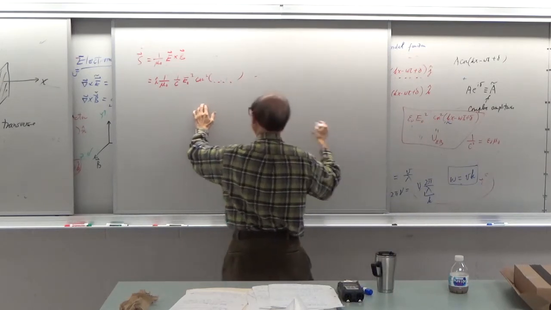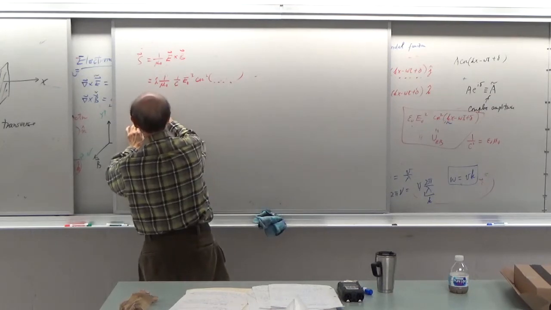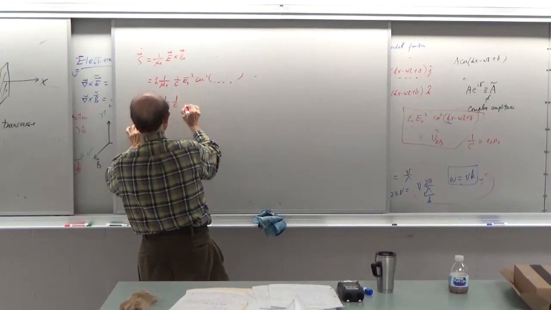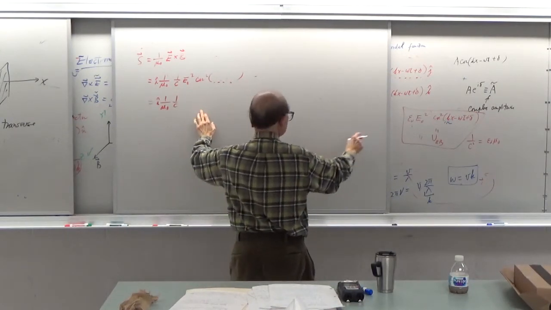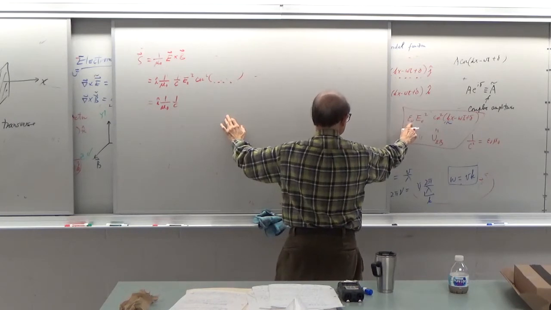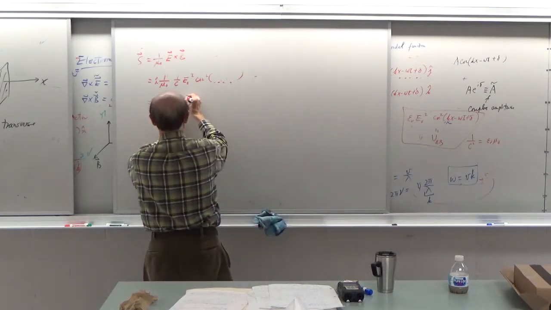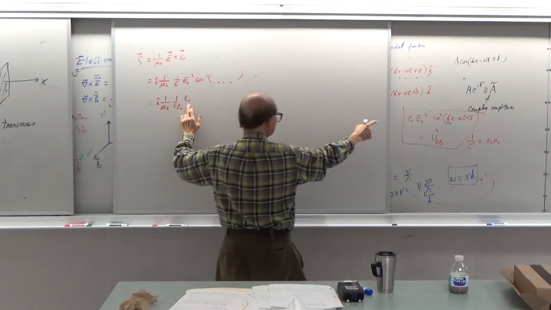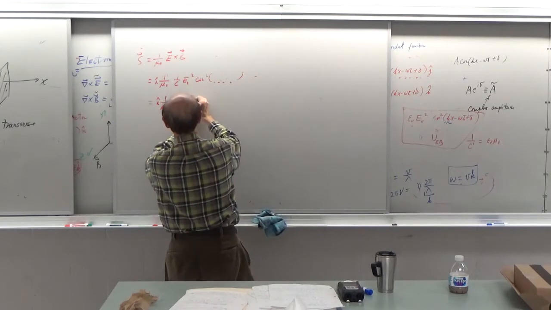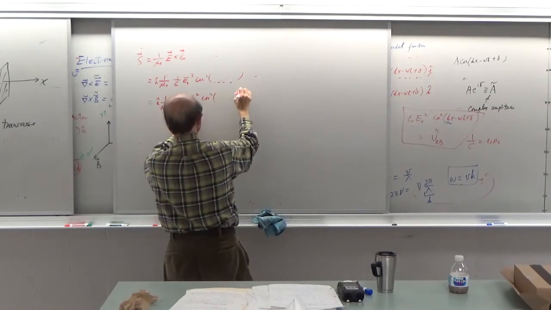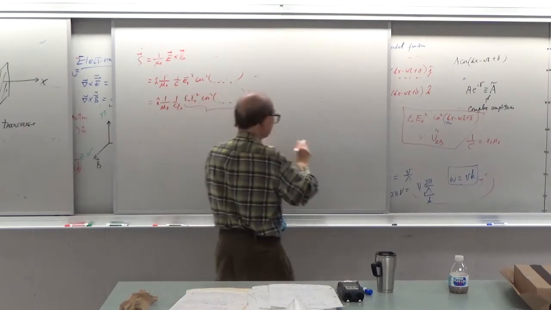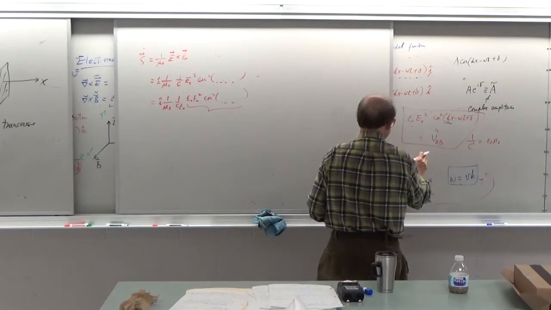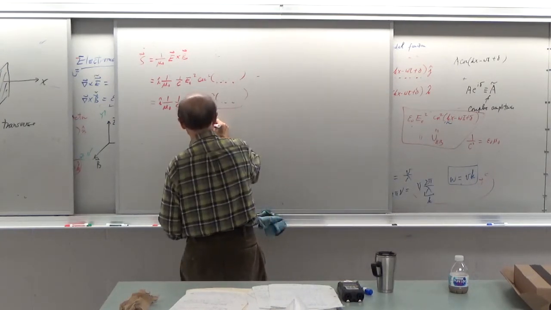So this is equal to i hat 1 over mu naught, 1 over c, and let me multiply by epsilon naught and then divide by epsilon naught, then I have epsilon naught E naught squared cosine squared. This, of course, is nothing but the energy density of the wave, U_EB.